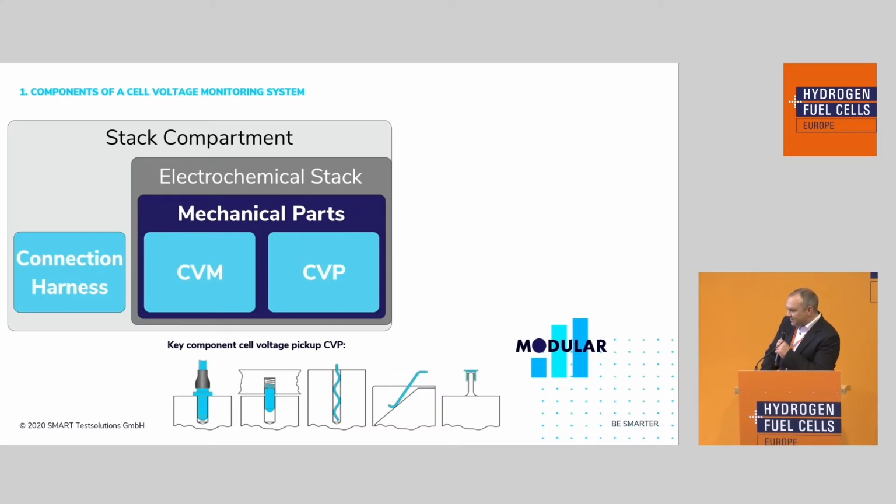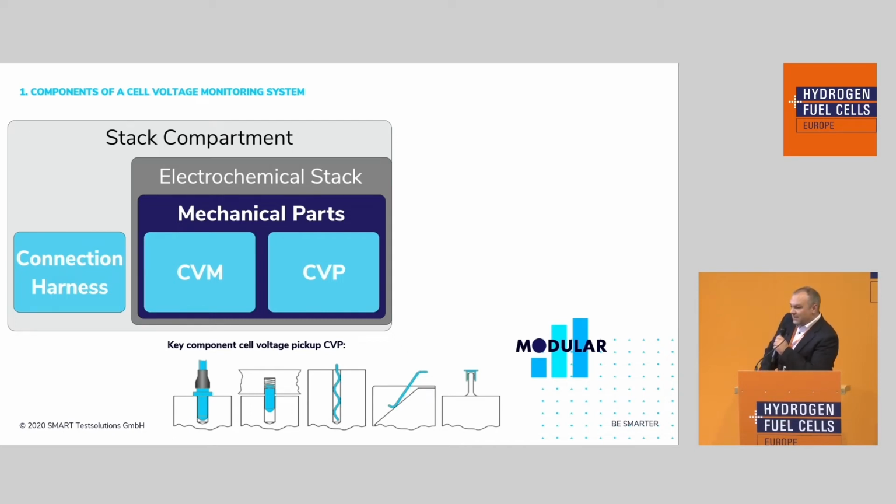That is the component that helps getting out the voltages of the bipolar plates. These two components are integrated into mechanical parts that can be mounted to the electrochemical stack. And the data and the power supply must be connected to the outer world. Normally the components are situated inside a stack compartment.